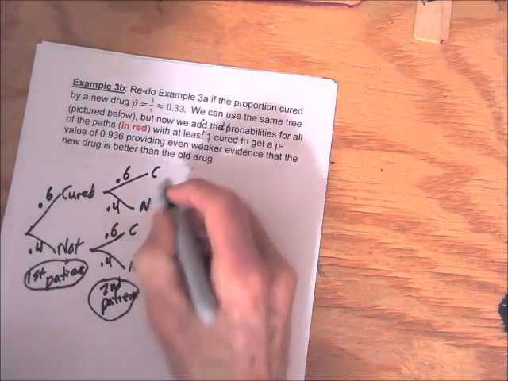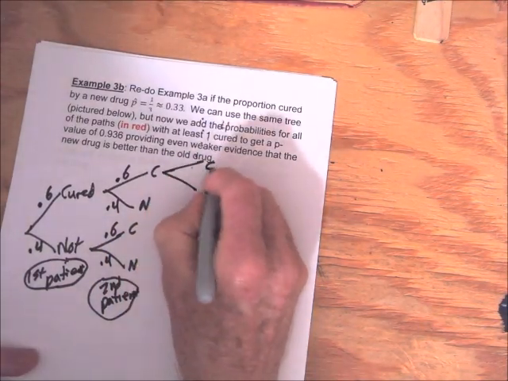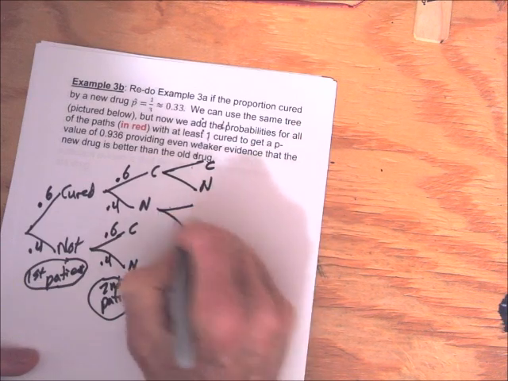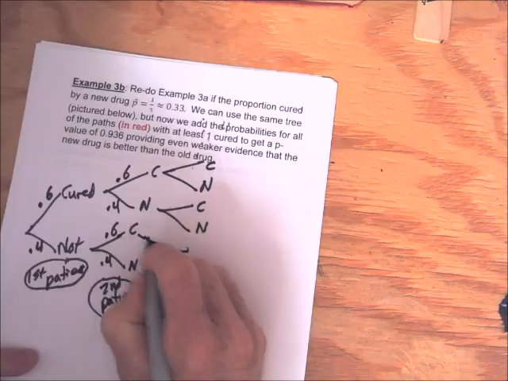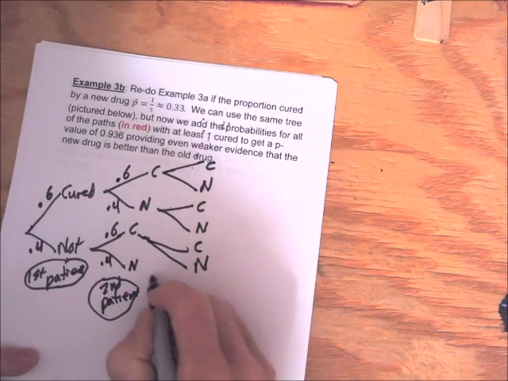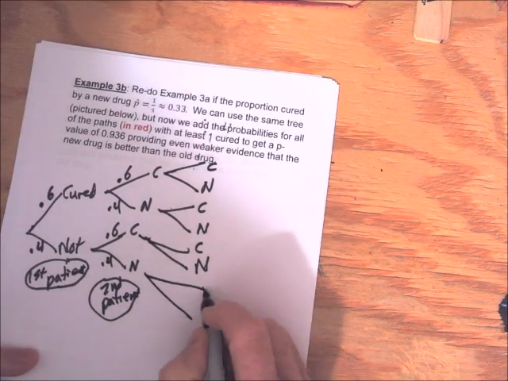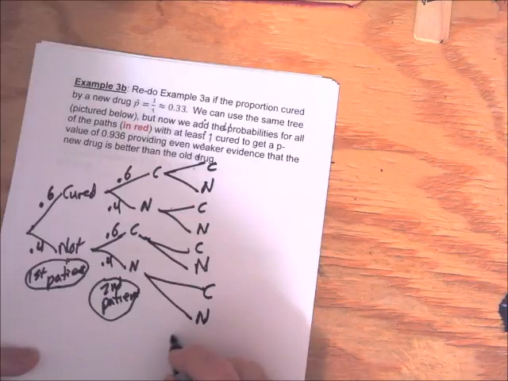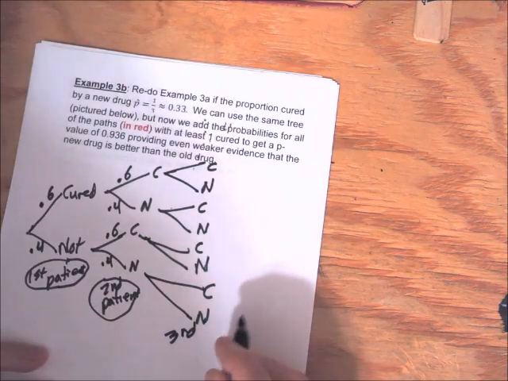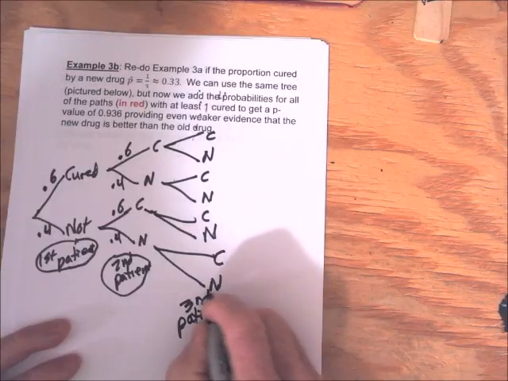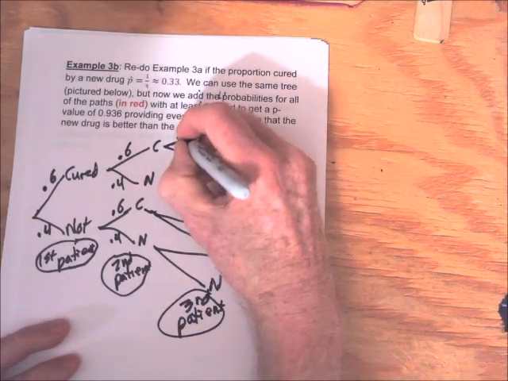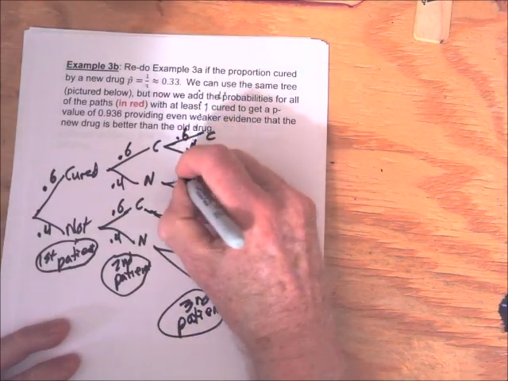Okay, third patient, either cured or not cured. The probability is again 0.6 and 0.4.